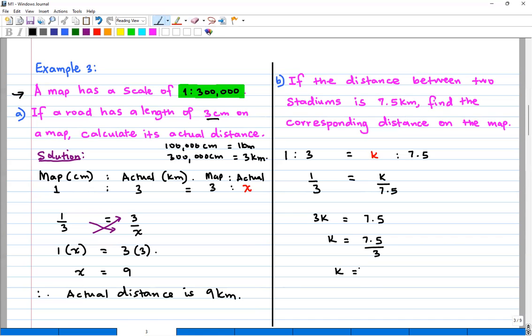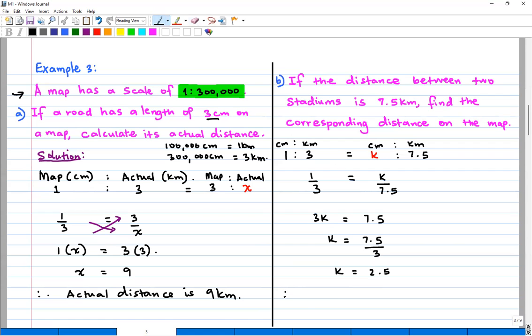And k is the same as 2.5. Now, this answer is in centimeters, because remember, this is centimeter on a map and this is kilometer, the actual distance.